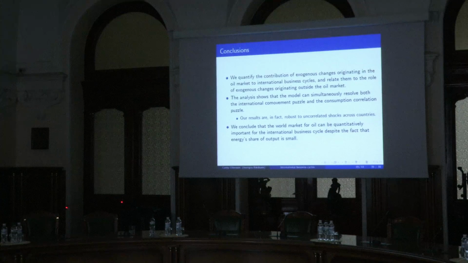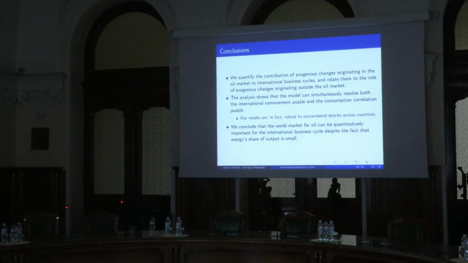Okay. All right, so what we did in this paper was to address these 2 puzzles that I talked about, the consumption correlation puzzle and the international correlation puzzle. And we look at a specific thing, we look at the role of oil. And we quantify the contribution of exogenous changes originating in the oil market to the international business cycle, and we related them to the role of changes outside of the oil market.